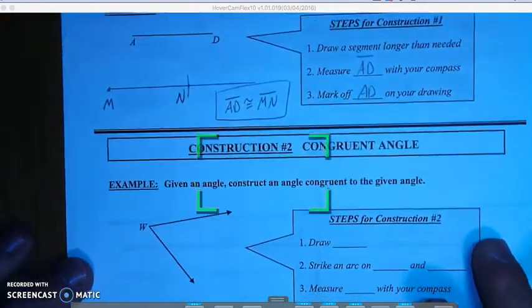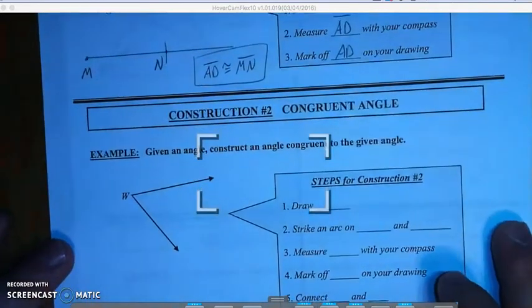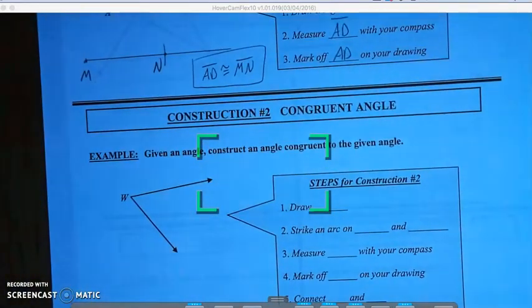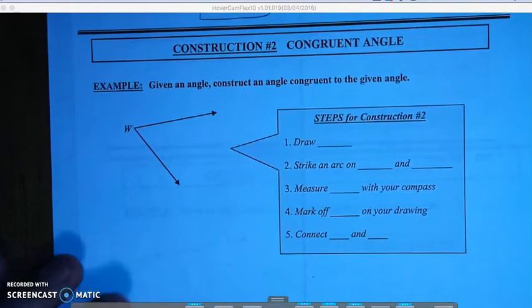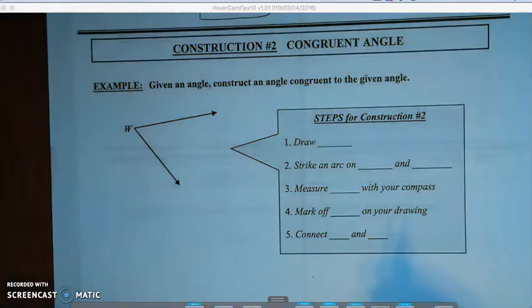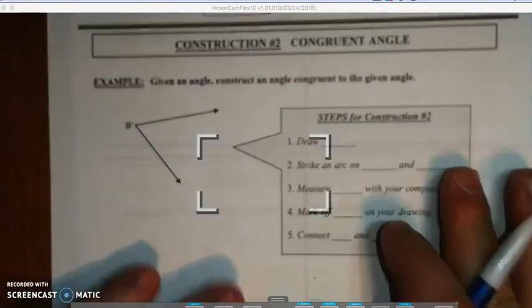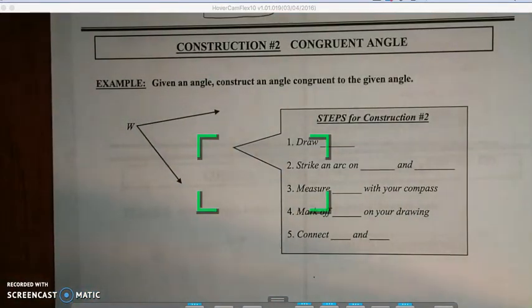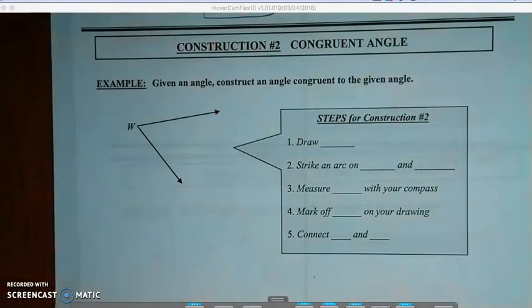Our second construction was constructing an angle that is congruent to the angle shown. This one is a little bit trickier than the one we just did. Whenever we're trying to draw an angle, we always start with a ray. We have to start with one side of that angle.